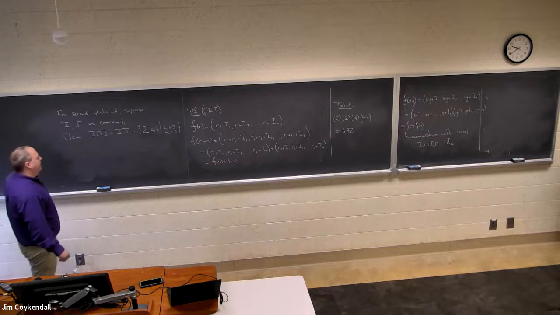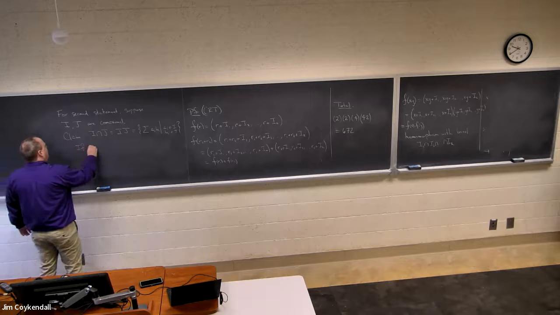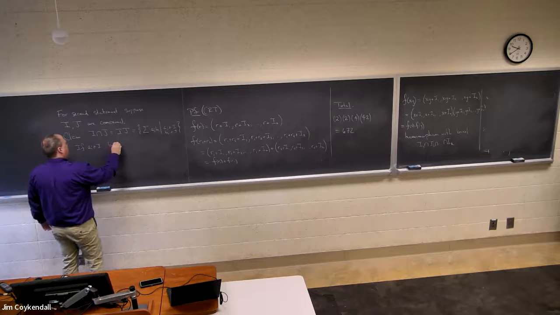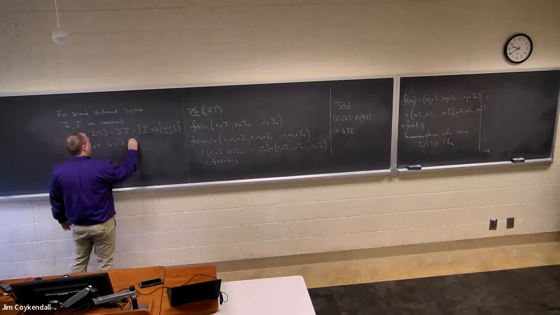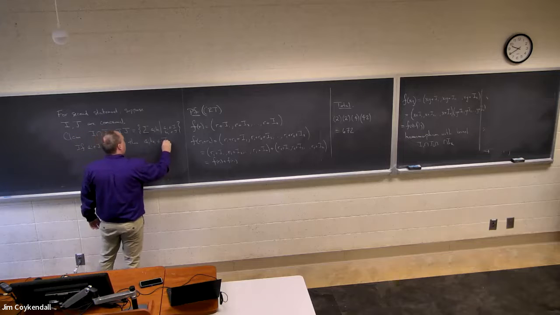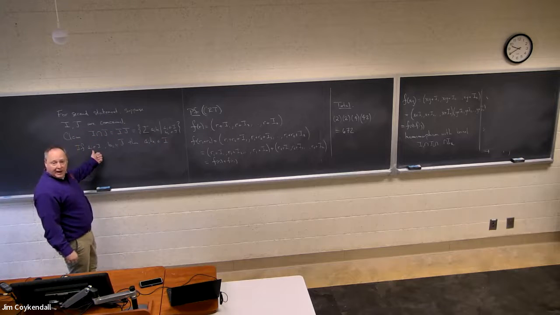Let me point out that a is in I and b is in J. And ab is in I. Why? Because I is an ideal.